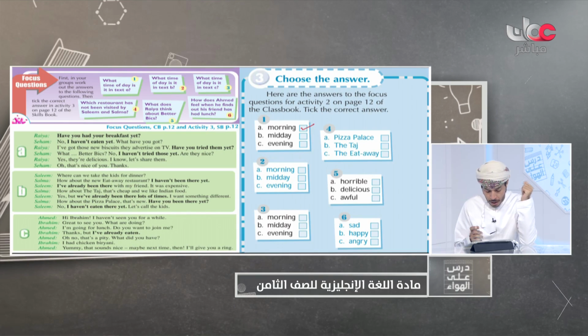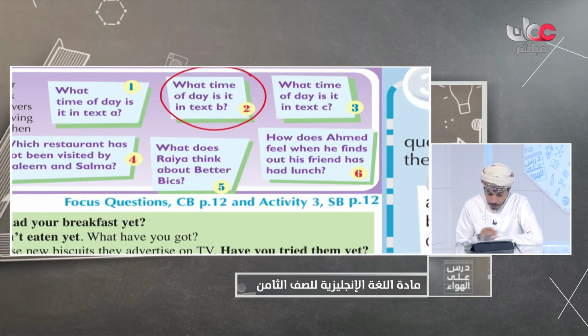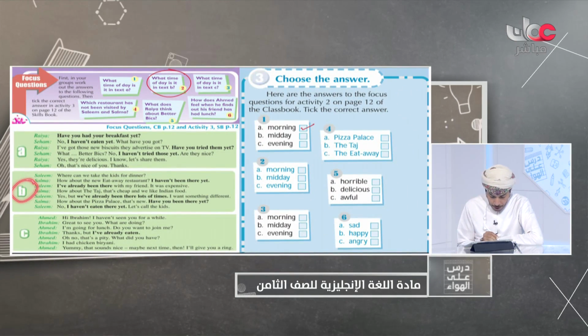Then, if you have finished, look at question number 2. Again, what time of day is it in text B? So when we go to text B, this is question number 2, we have morning, midday, and evening. Let's have a look at conversation B. Where can we take the kids for dinner?